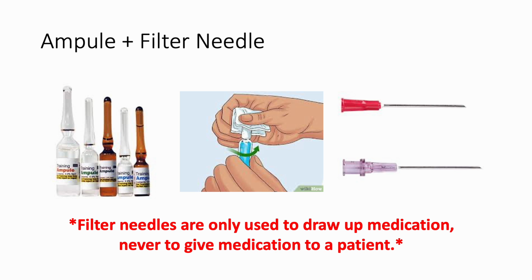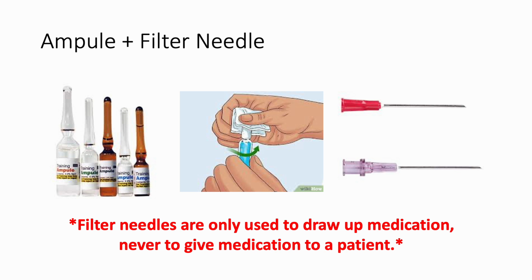It is a huge hollow needle with a filter inside. The only purpose of a filter needle is so that we can draw up this medication from the ampule, and that way that filter will collect all the glass before it goes into the syringe. So the filter filters out that glass, allows the medication to go directly into the syringe, which is where we want it. We use the filter needle for that.